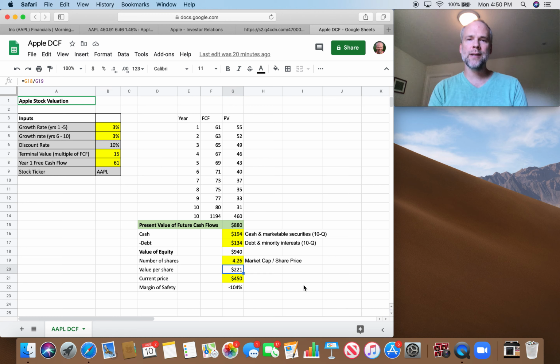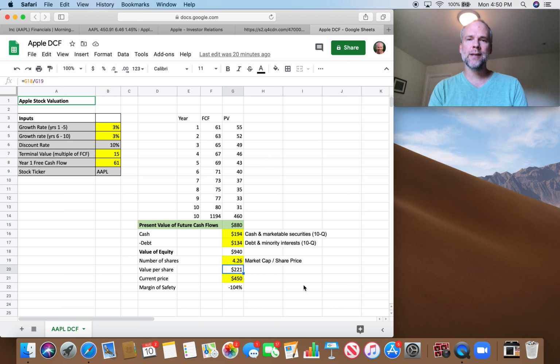Now, I would argue in a mature company like Apple, the value of a company isn't going to change that fast. It might change 25% or 30%. So you go from $200 per share to maybe $250 per share. That would be reasonable to me.